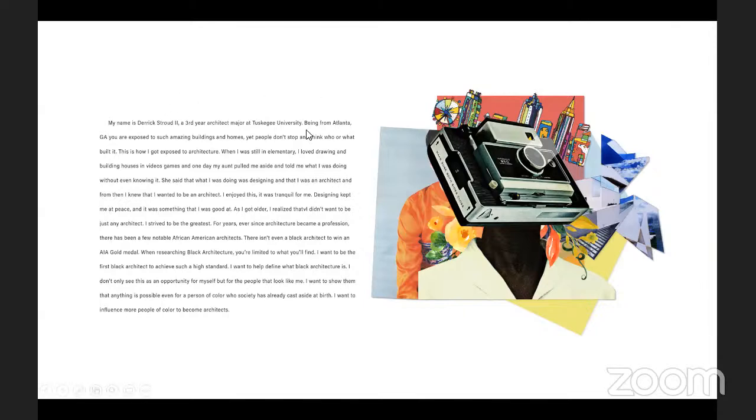So this was Derek Stroud in his third year. And I thought this was pretty provocative. He's also a photographer. He talked about his views of what society's views of him as a young Black man, and what some of his goals are as an architect.